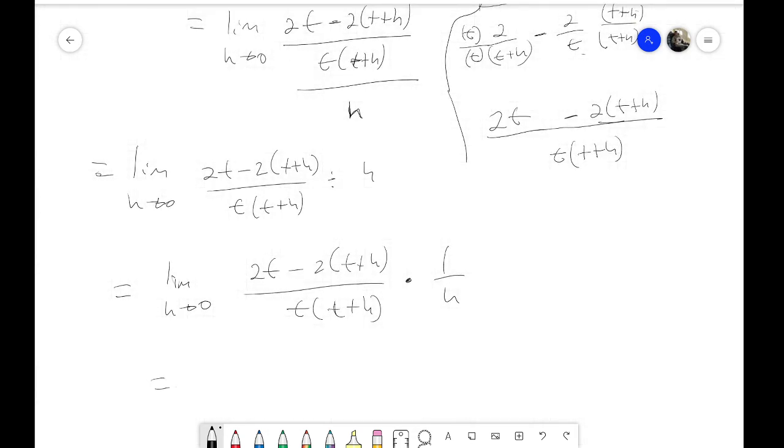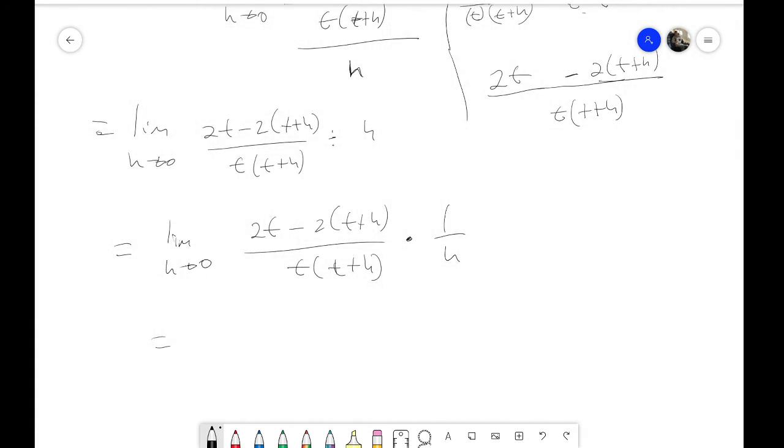So what are we going to get? We're going to have the limit as h goes to 0 of 2t minus 2 times (t plus h) divided by t times (t plus h), times h.